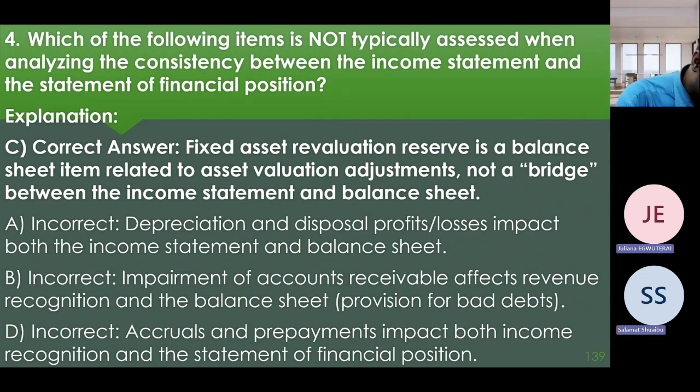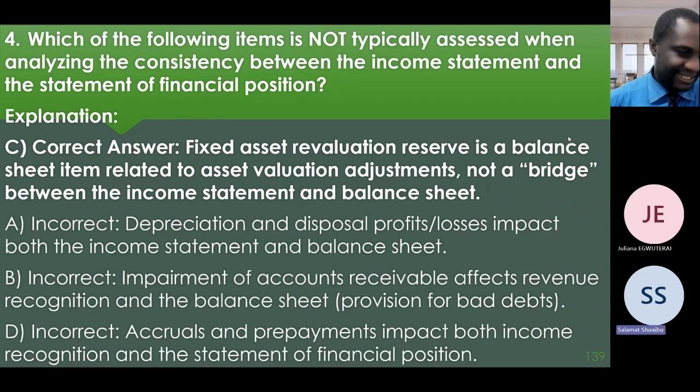What was the question? The question is, which of the following items is not typically assessed when analyzing the consistency between the income statement and statement of financial position? So the answer is not fixed asset revaluation reserve.